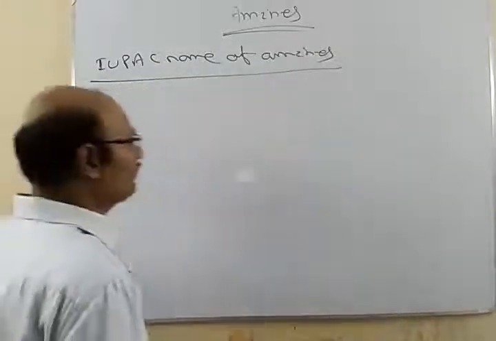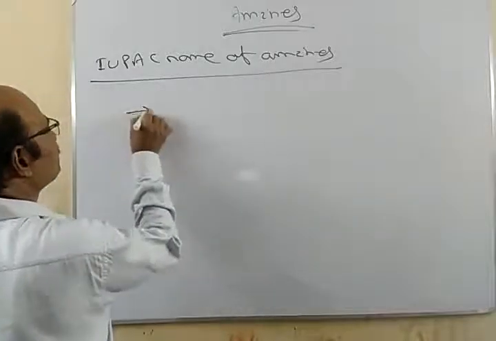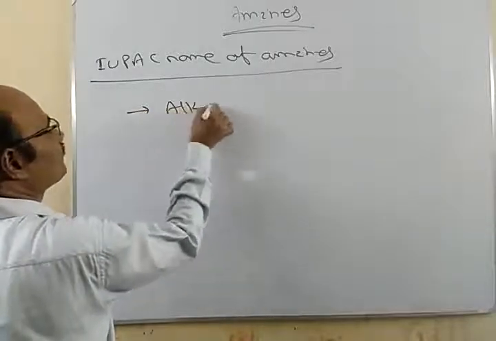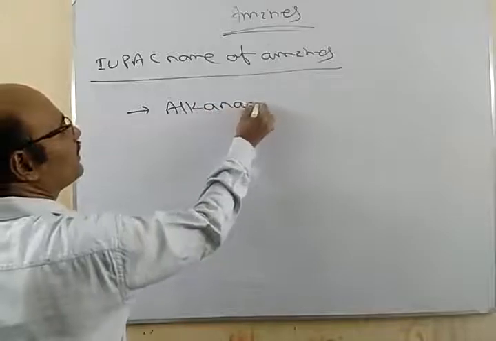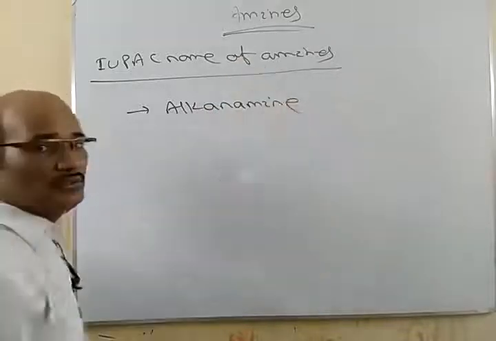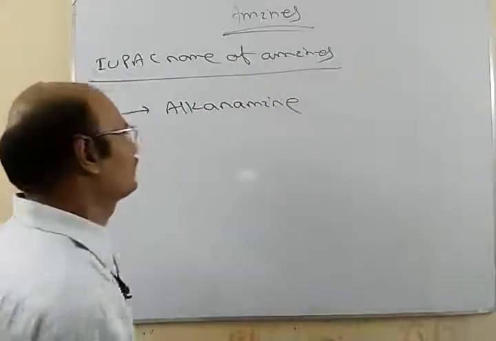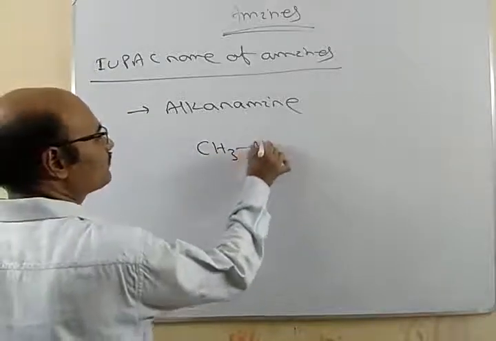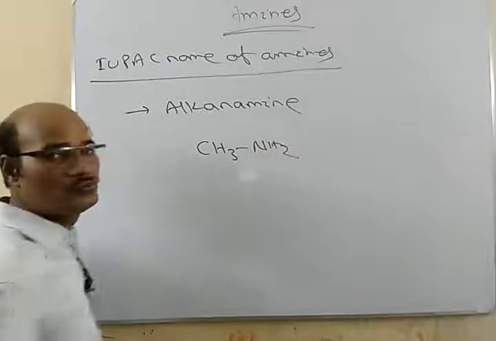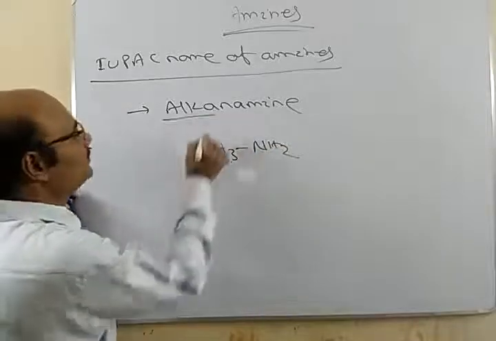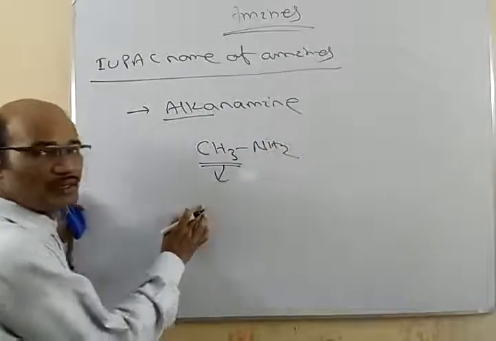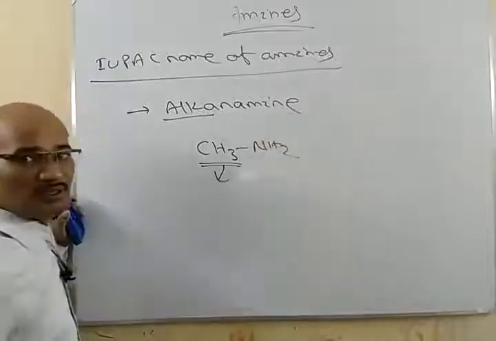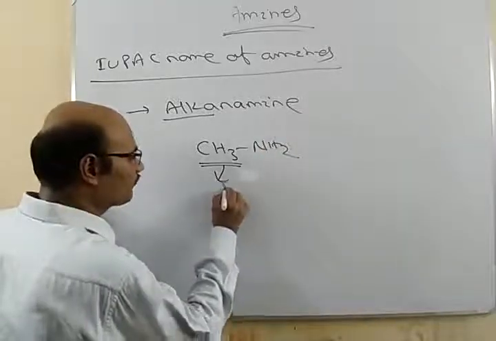The IUPAC name of amines is alkanamine. So if I have CH3NH2, the alkane here is methane, then amine. So what is its name?